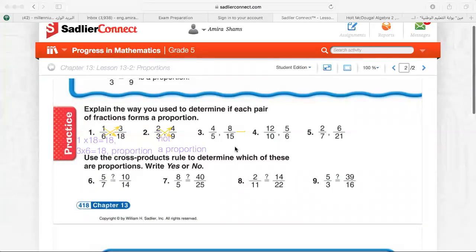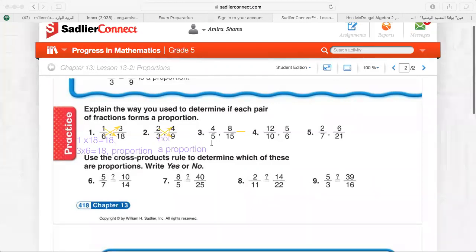Do I find 8 and 15 as a product in a multiplication table? No. So 8 and 15 are also in their simplest form.